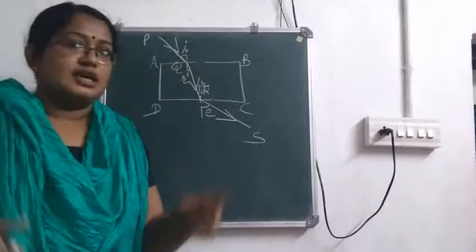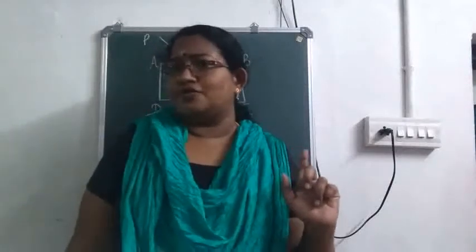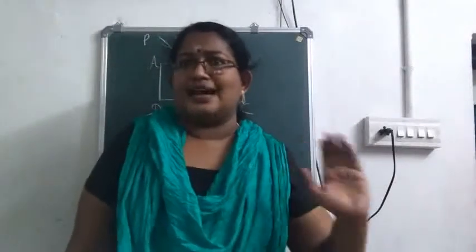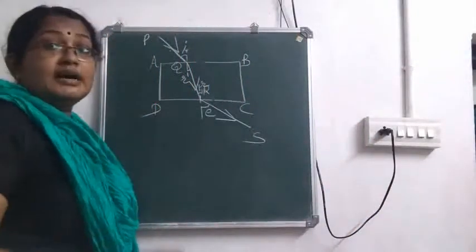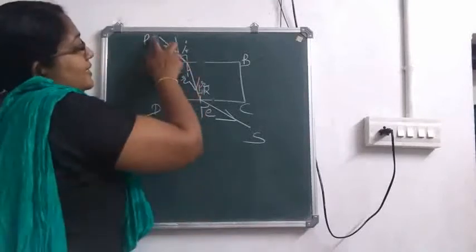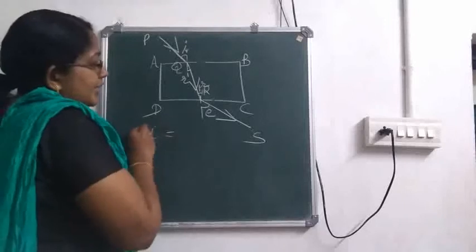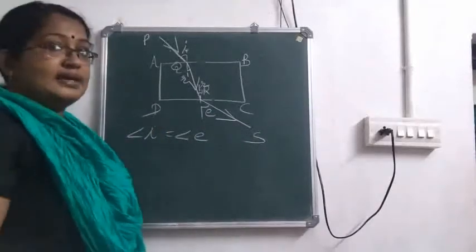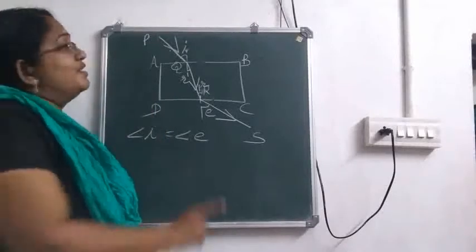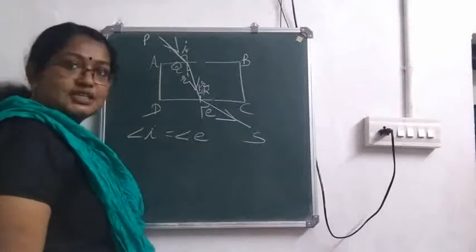So in the last video we stopped with the principle of reversibility, isn't it? So do you remember what is the principle of reversibility? The path of a light ray is reversible, isn't it? So according to the principle of reversibility, the angle of incidence will be equal to the angle of emergence.